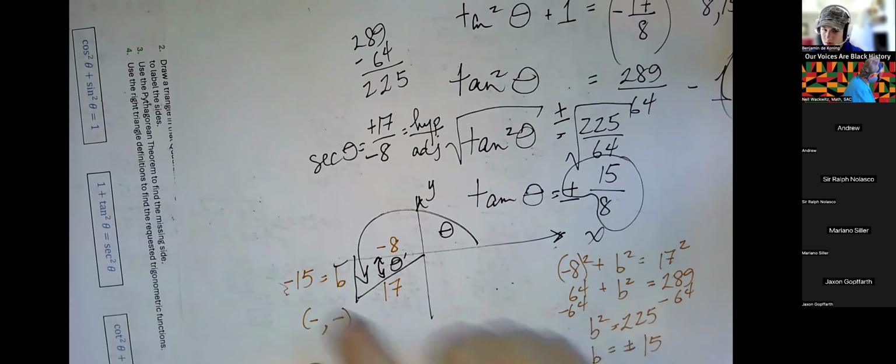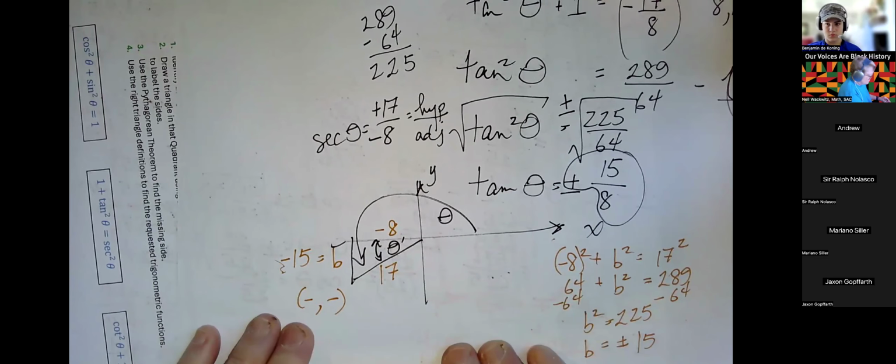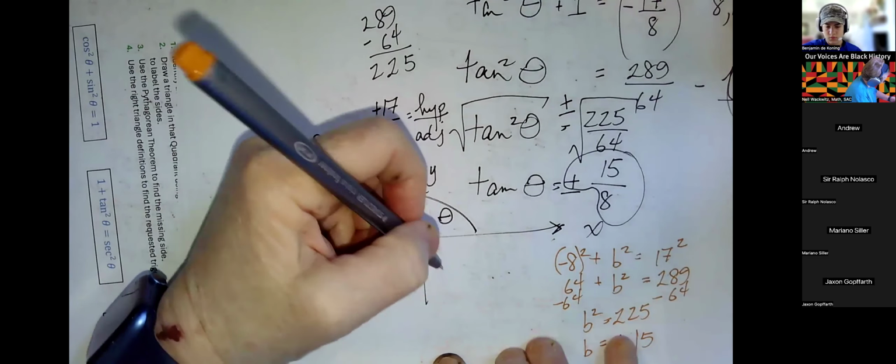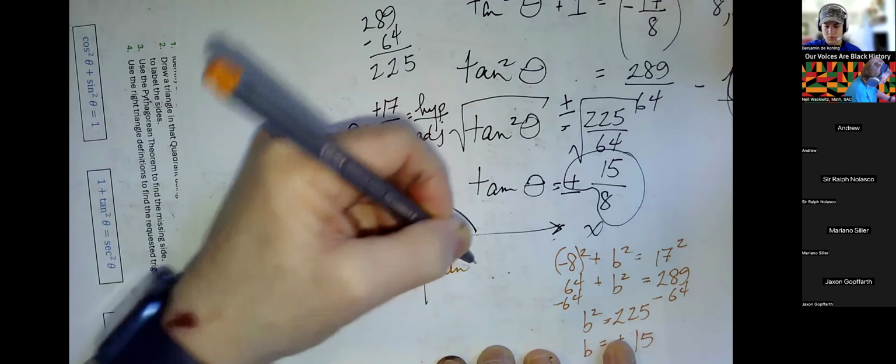But this is weird. We got that the tangent was positive, and I've got a negative and a negative. So in terms of the sides of a right triangle, what is tangent? Opposite over adjacent. Good. So we get -15 over -8.